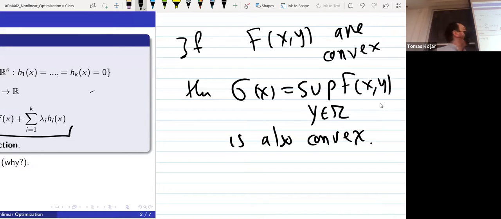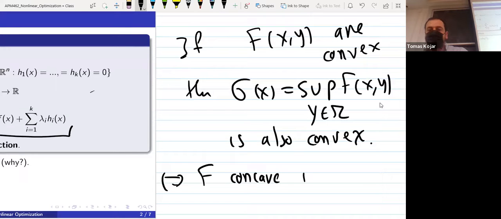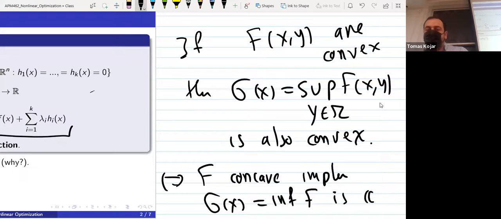Now if you take minuses all over the place, it says that f concave implies g of x equal to the infimum of f is also concave.